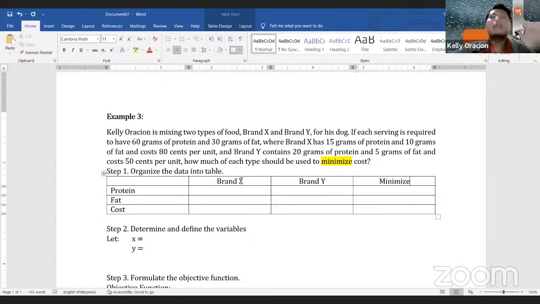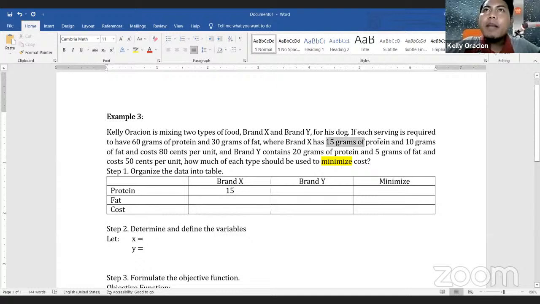Minimize. Okay? For brand X, the protein is 15 grams. Oh wait, there's something wrong with my equation. Okay, it's correct after all. For brand X, 15 grams of protein.